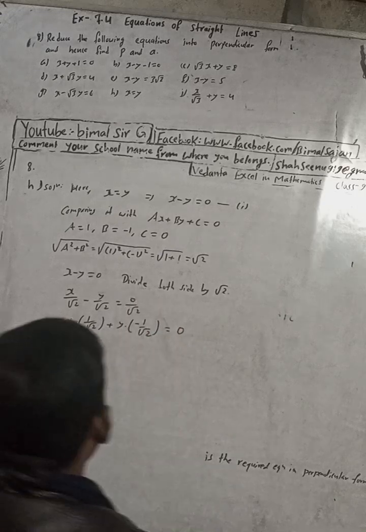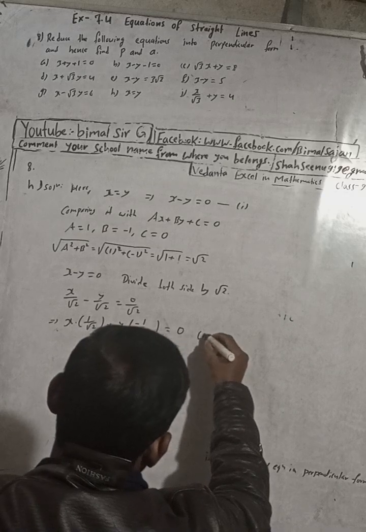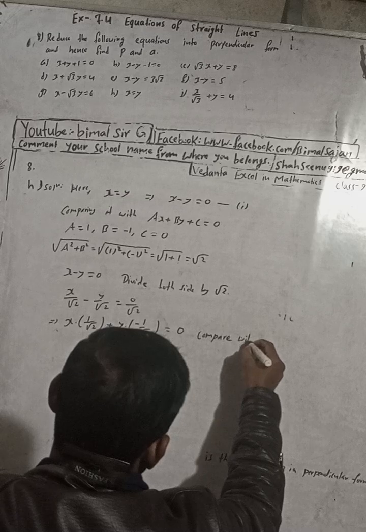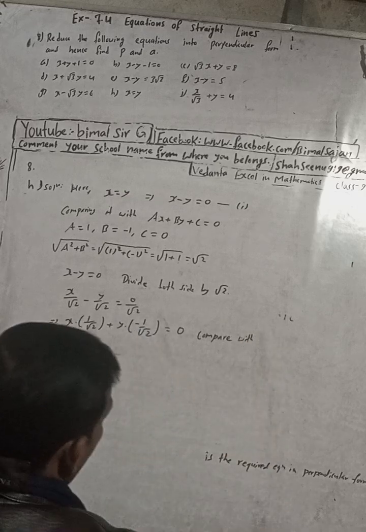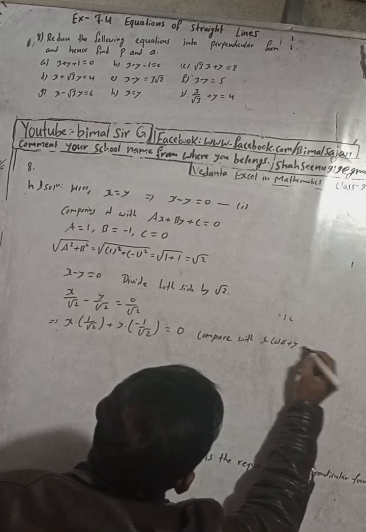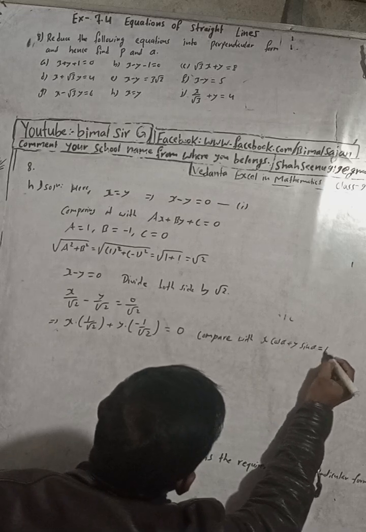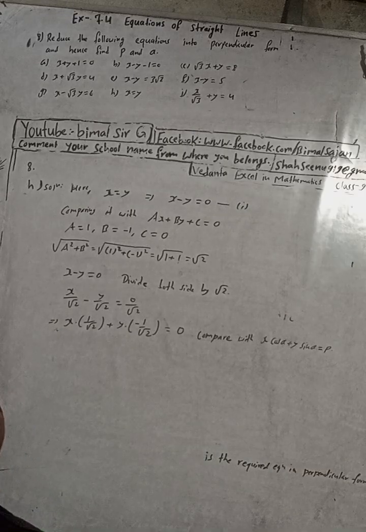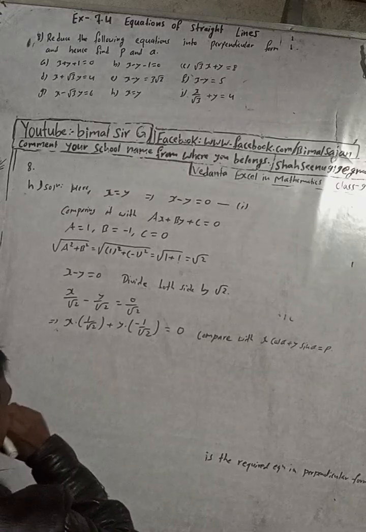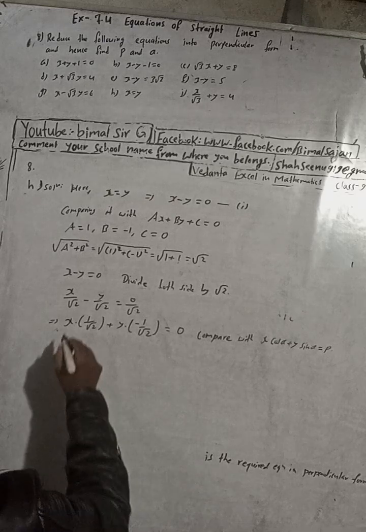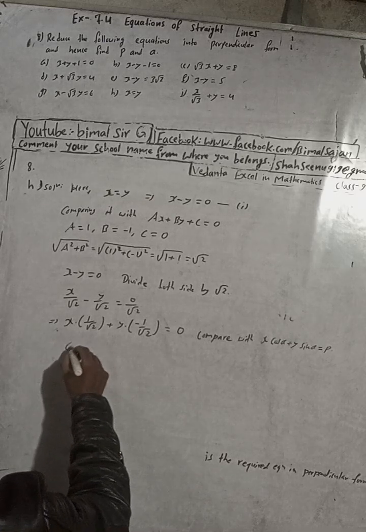Now compare with x cos alpha plus y sin alpha is equal to p. So what can we write here?